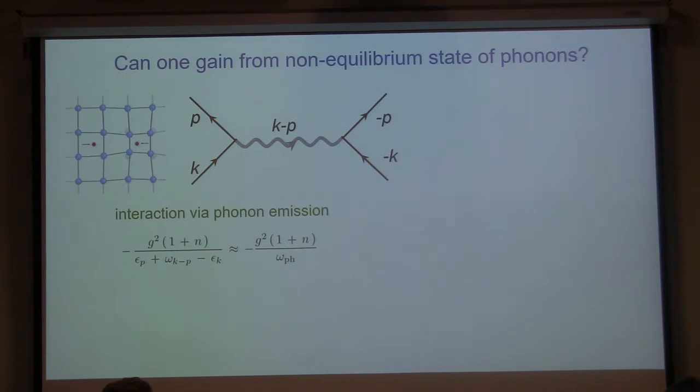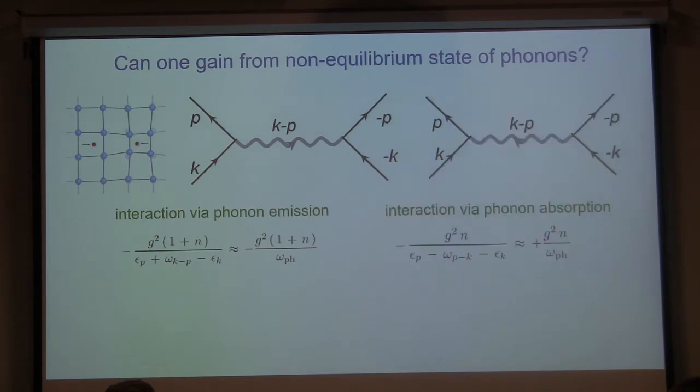And then the first idea is, if I look at a situation in which I have strongly pumped the phonons, then I should get a Bose enhancement factor 1 plus n. We're also interested in BCS type superconductivity, so electrons should be near the Fermi surface, so let me just assume that the energies of these electrons are the same. So we get this usual electron-phonon coupling squared divided by the phonon frequency, but there is a Bose enhancement factor, which seems to favor superconductivity.